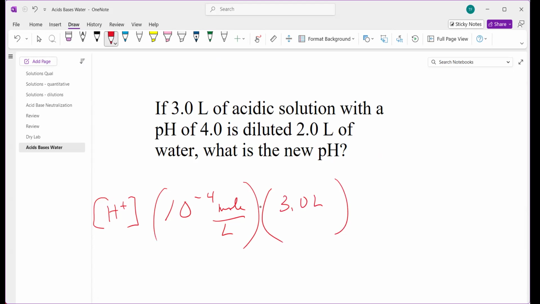So now we have volume times concentration, that's equal to moles. That gives us 3 times 10 to the minus 4th moles of H plus, from pH of 4.